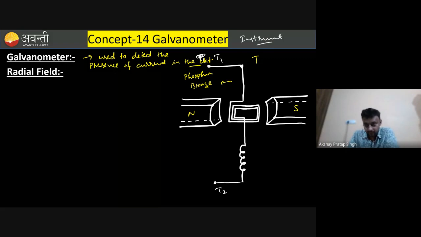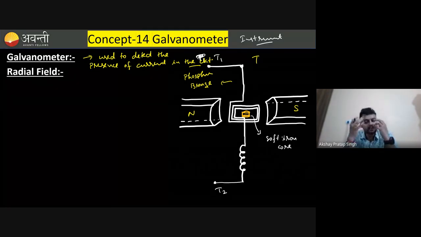Next is, inside the coil, there is a ferromagnetic material. If you don't know what a ferromagnetic material is, I am just saying it is a soft iron core, a cylindrical shaped iron body.